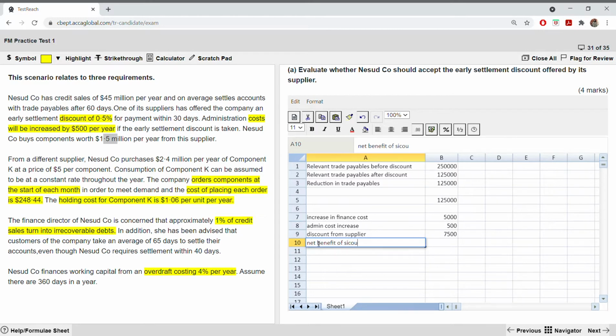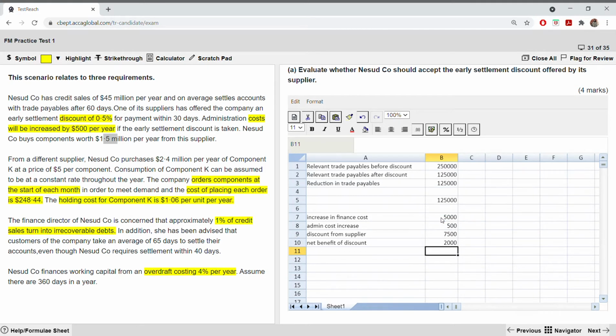That means your benefit should be more than the cost. The discount equals this minus this minus this, because these two are costs, finance and admin cost. From the discount you're deducting them. So your net benefit is 2000.